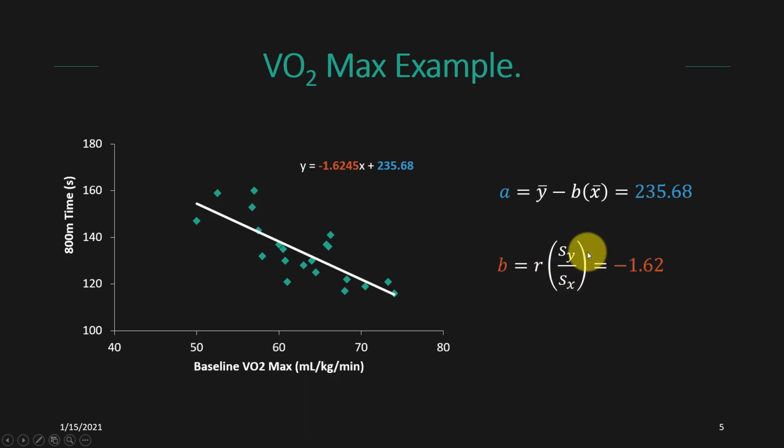So if I multiply by the standard deviation of y over the standard deviation of x, now this is going to tell me how much change in y in the right units I would expect for a change in x back in the x units. So by multiplying by the standard deviations, I can put this back into meaningful relationships between the original units, and I get a slope and an intercept that's really useful in making specific predictions and drawing a line through my actual data.